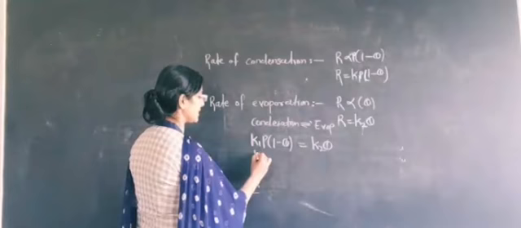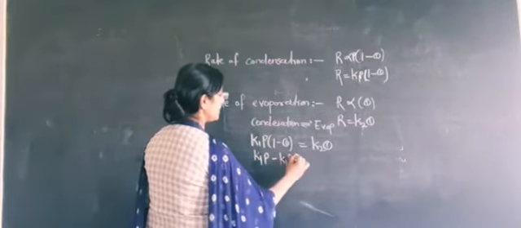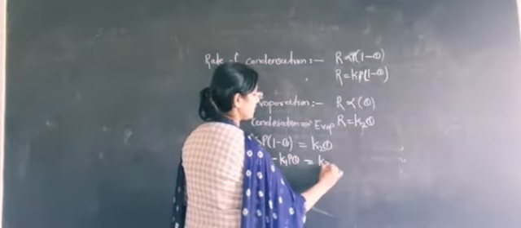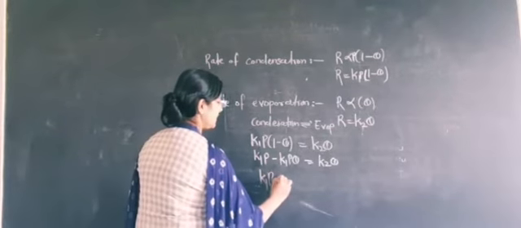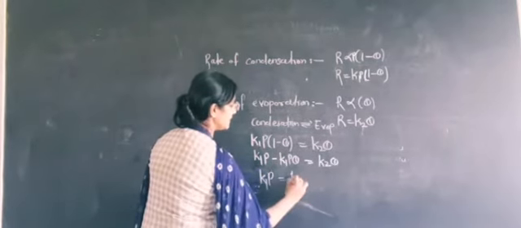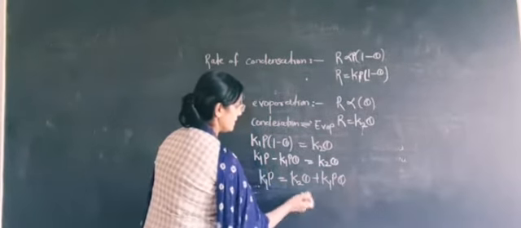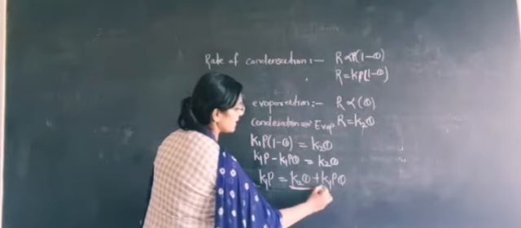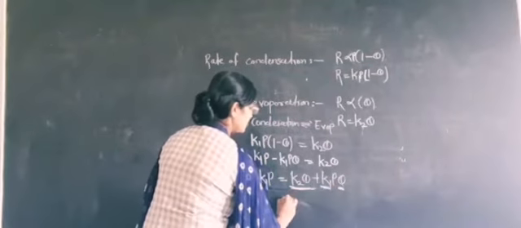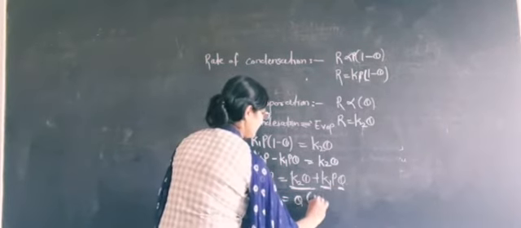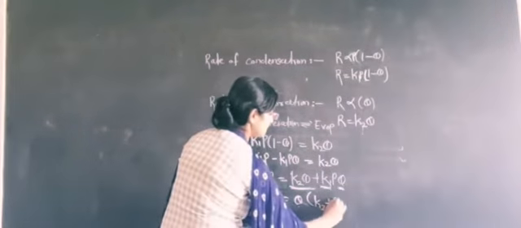When we simplify this equation, K1P minus K1P theta is equal to K2 theta. Again we simplify: K1P is equal to, this term goes to this side, K2 theta plus K1P theta. In this case, we take theta outside of the bracket, and we get the common term K2 plus K1P.